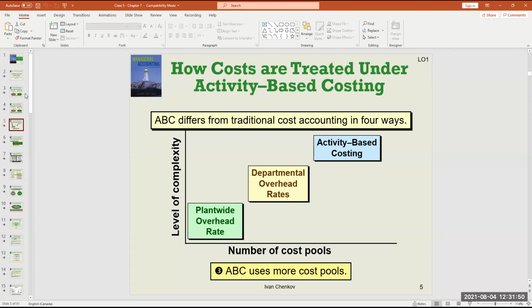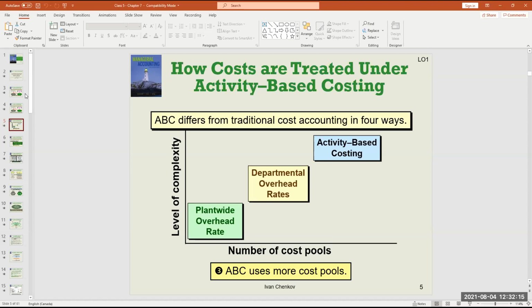So for simplicity, you can have a plant-wide overhead rate, which will be for the entire company. That means the entire total overhead cost for the company will be calculated. We're going to choose the allocation base, allocate it for the entire company, and come up with the overhead rate for the entire company.